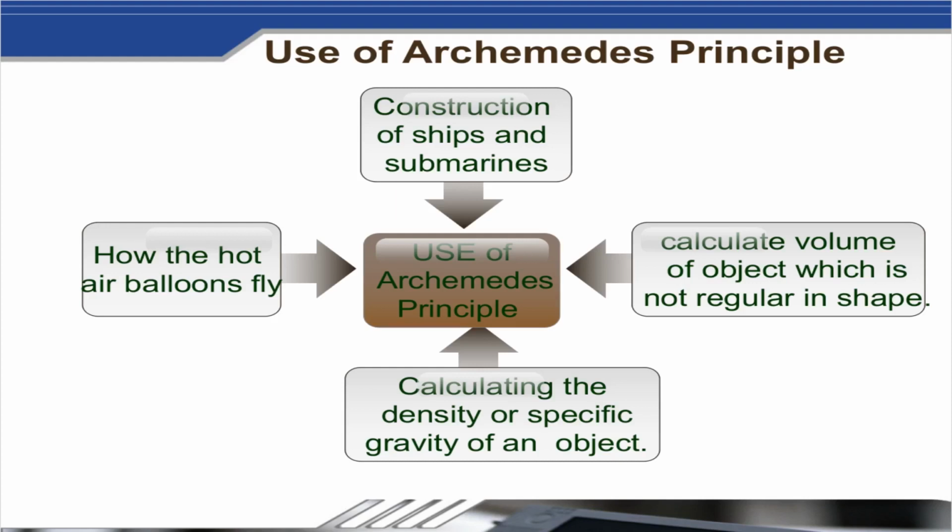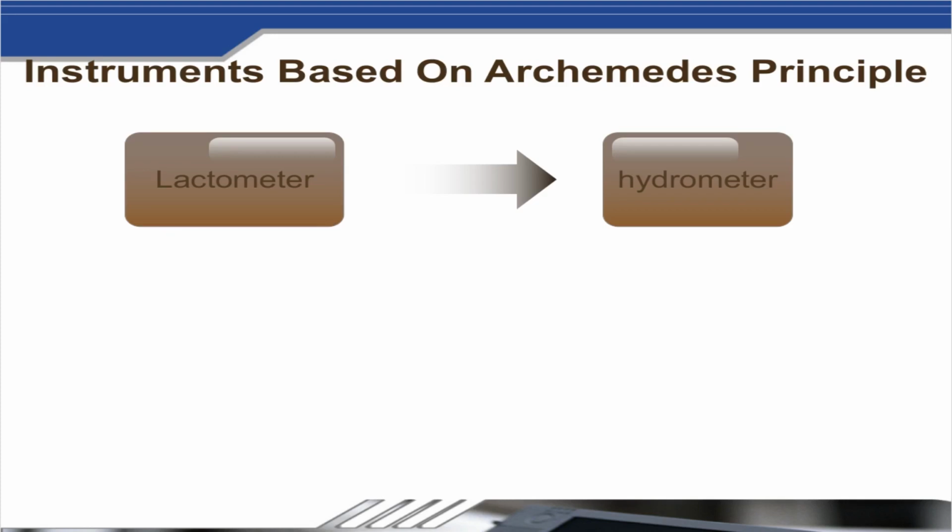And we also use this principle to understand how hot air balloons fly. So these are the uses of Archimedes principle. Now instruments based on the Archimedes principle. There are two instruments which are based on the Archimedes principle. One is a lactometer, another is a hydrometer.